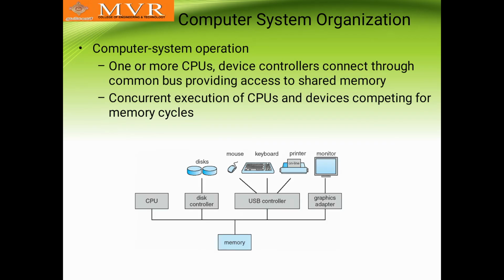Computer system organization. Here there are one or more CPUs and device controllers connected to a common bus, providing access to shared memory, with concurrent execution of CPU and devices competing for memory cycles. See the picture: the memory is accessed by the CPU, disk controller, USB controller, and graphic adapter.